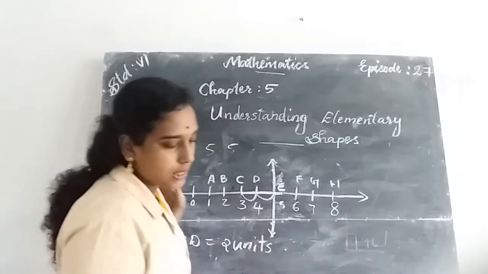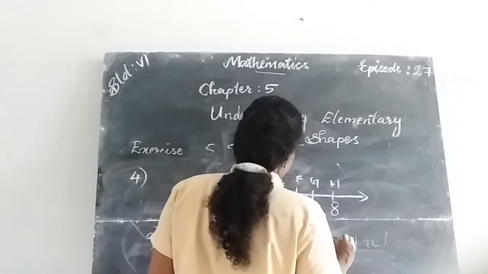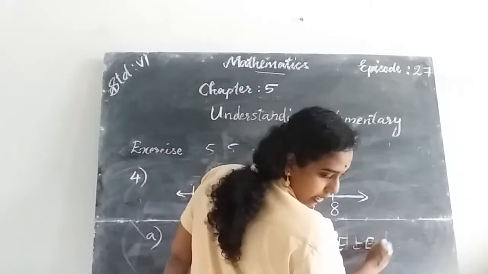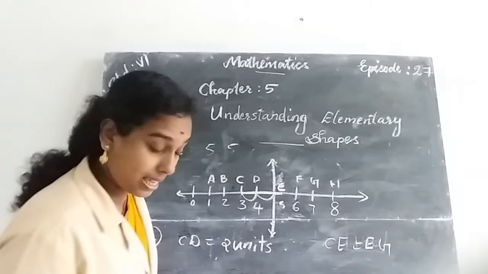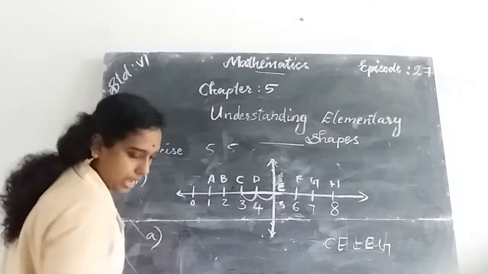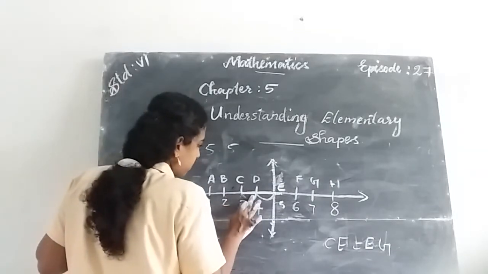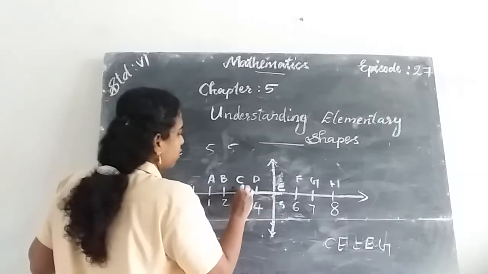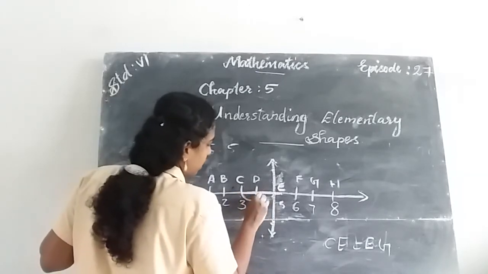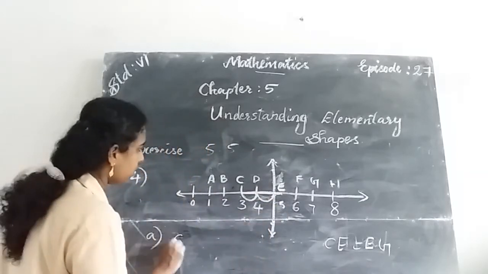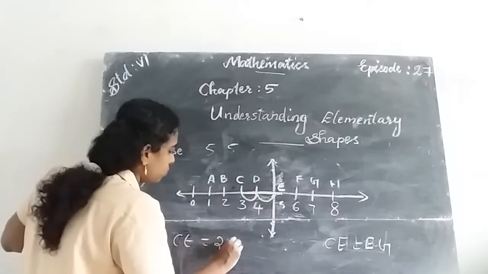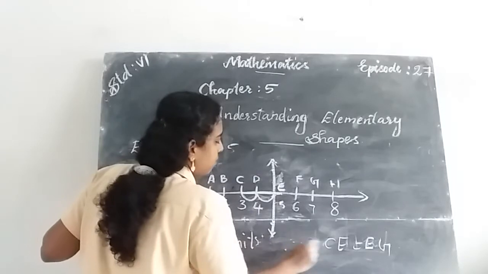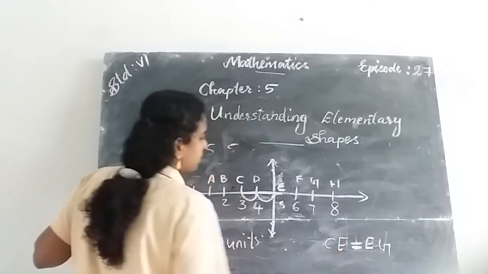Then we want to prove that CE is equal to EG.